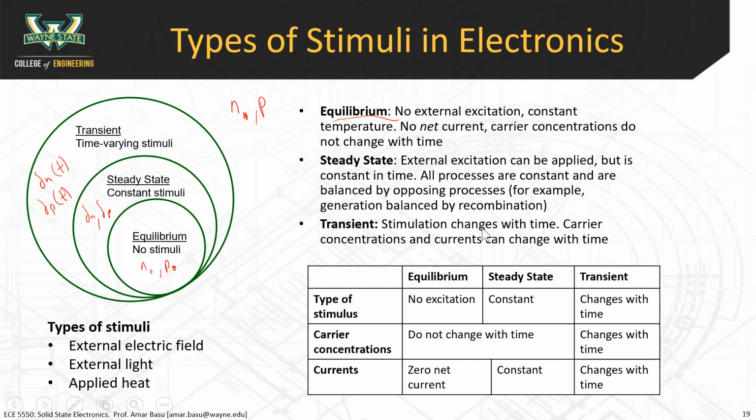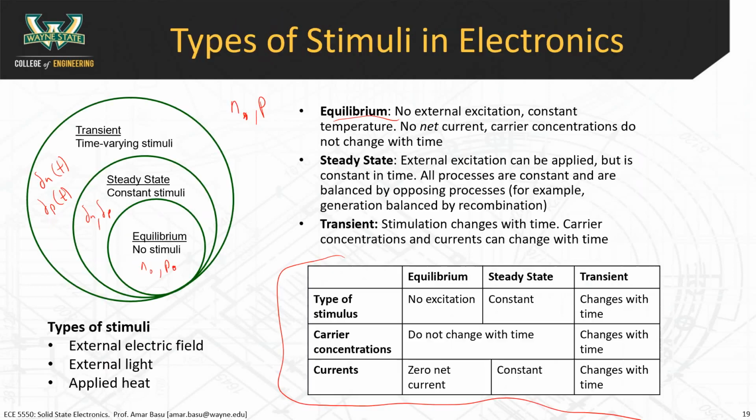So you can have carrier generation, but it's balanced by recombination, so each process has an equal and opposite process. The most general is the transient case, where the stimulation changes with time, and the carrier concentrations and currents can change with time.